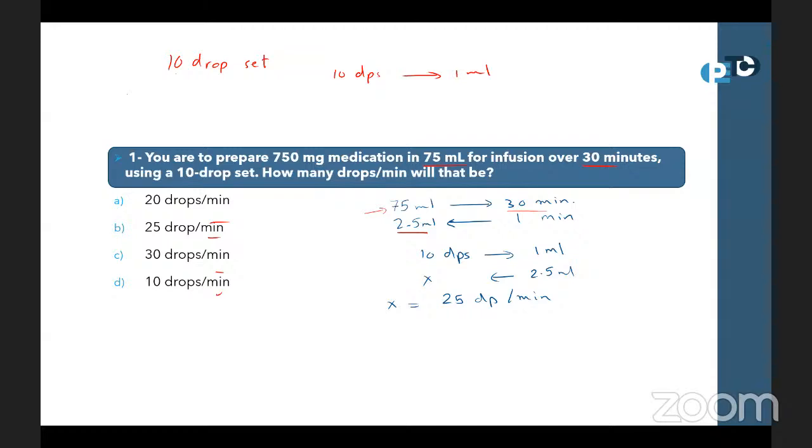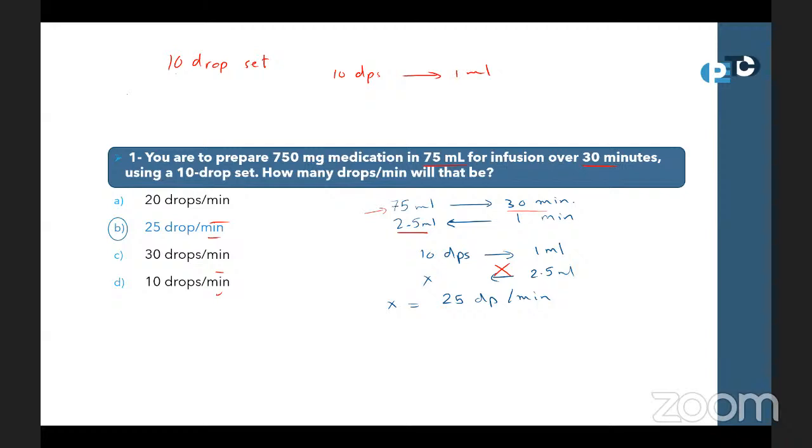Then the dropper says that every 10 drops is equivalent to 1 milliliter. So 2.5 milliliters is equivalent to how many drops? By crisscross, you will get 25 drops every 1 minute to give the right dose.